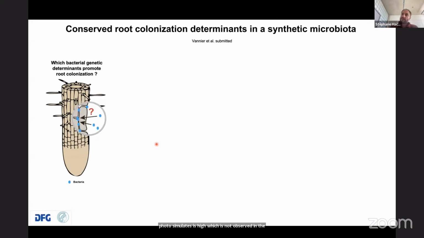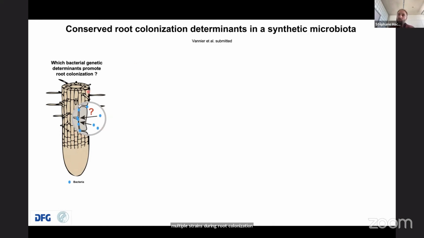So we are not only interested in bacterial inhibitory exometabolites, but also in conserved root colonization determinants that are important for bacteria to colonize plant roots. And this is quite tricky because we want to understand these conserved determinants that are activated by multiple strains during root colonization.